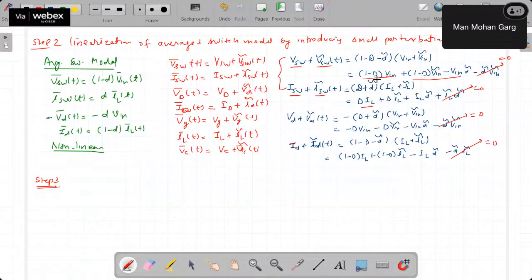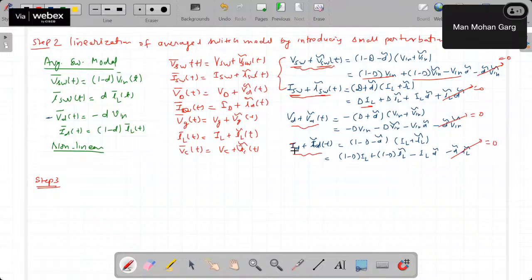Yes, we have obtained in those terms. Now we will replace our original circuit with the help of these linearized models. So a switch can be replaced either by this voltage or by this current. Similarly, diode can be replaced by this voltage or this current. So we take one from each.